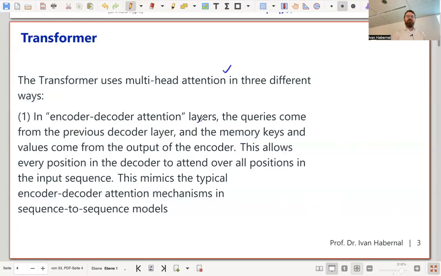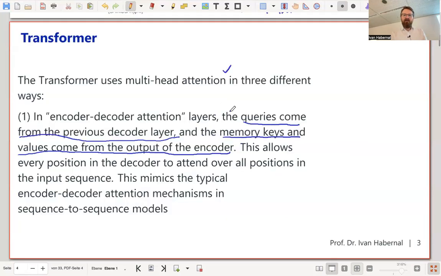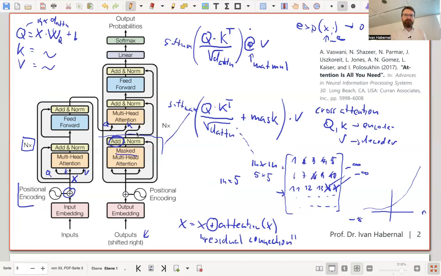The queries come from the previous decoder layer, and the memory keys and values come from the output of the encoder. Maybe I made an error here. I'm sorry. What they're saying is that from the encoder come the keys and values, not the query.